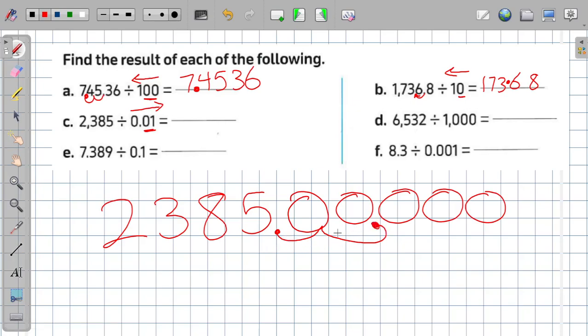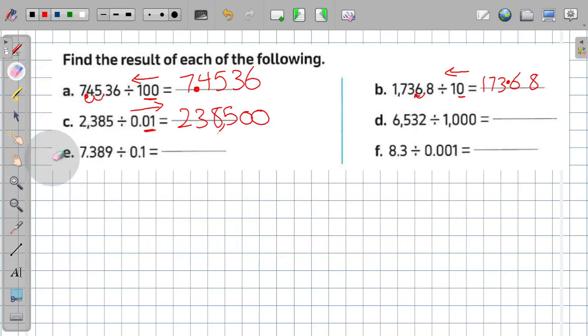So I will add two zeros to the number. So I have 2, 3, 8, 5, and I have two zeros next to them. So it will be 238,500. Okay.